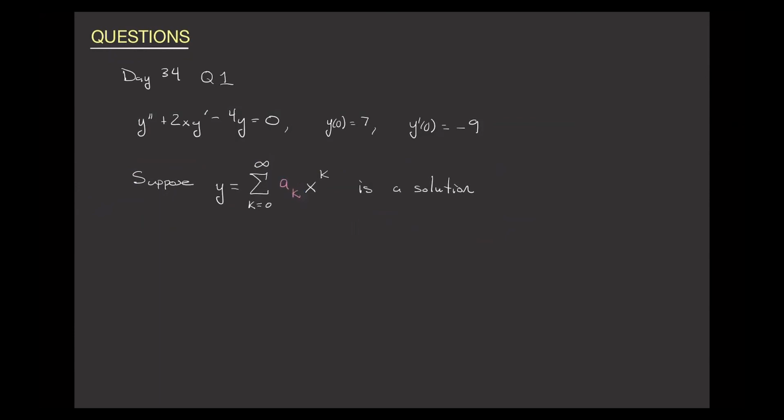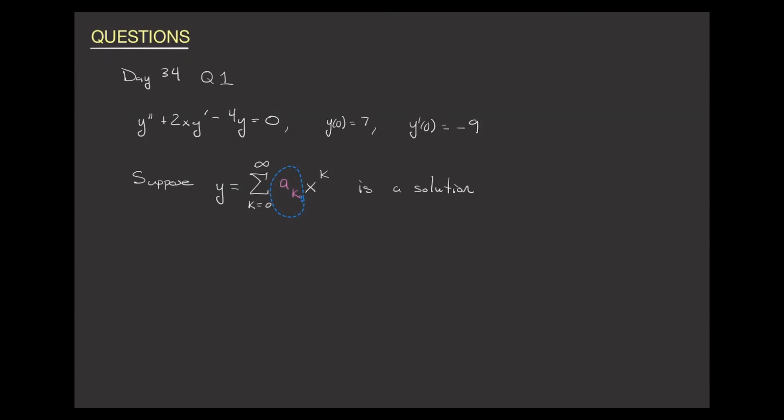Once we know these, we'll know everything about the series, because otherwise it's just x to an increasing exponent, with an infinite number of terms. The only thing really unknown is these coefficient values. So we want to find those.